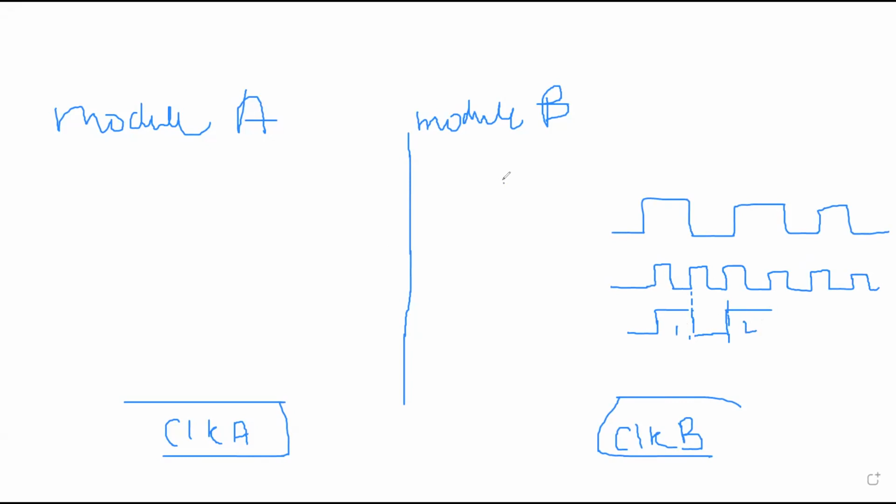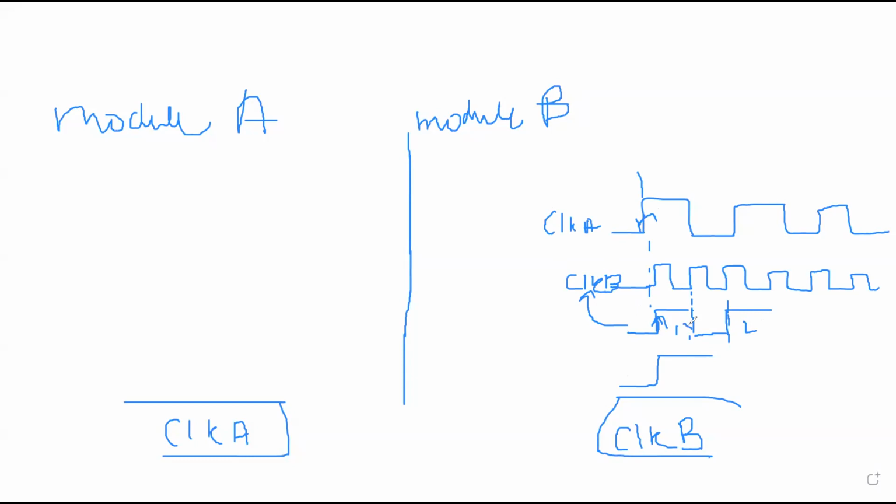But this signal, which was in clock domain B, is being sampled by this clock, so we would capture this edge, correct?